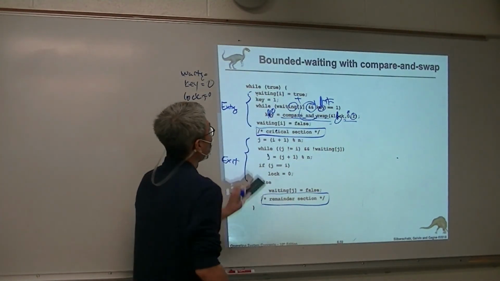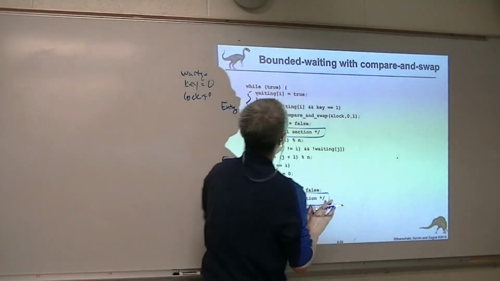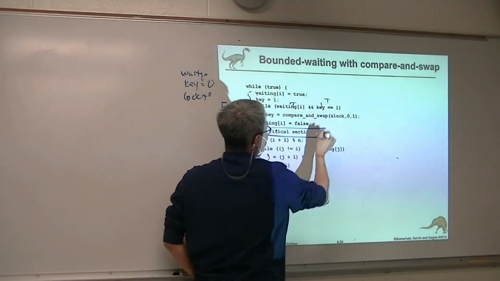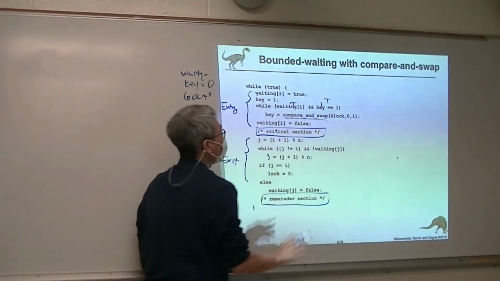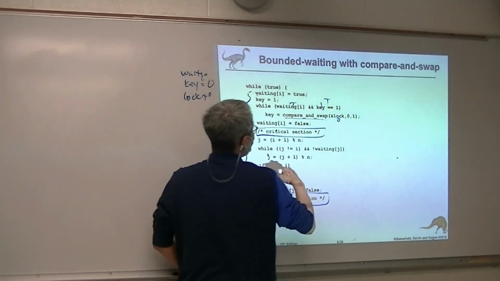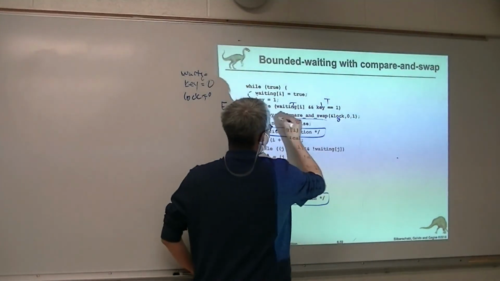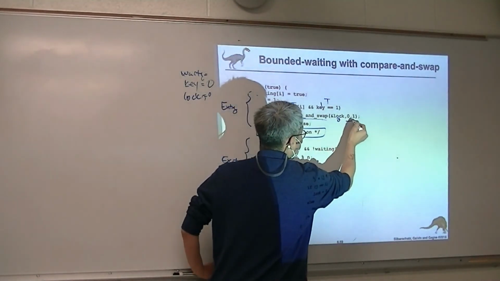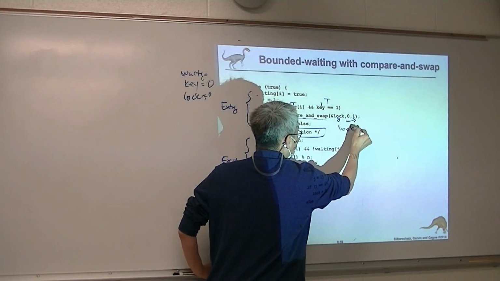One more time. If nobody uses the critical section, this is true, this is a 1, and we can use the compare and swap instruction. Then the lock is 0, the default value. Then the key is going to be 0. Then the lock is changing to the new value, so the lock is going to 1.